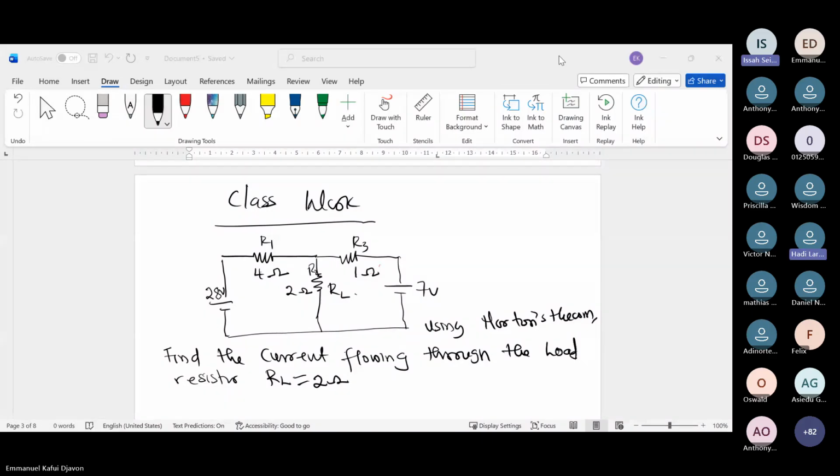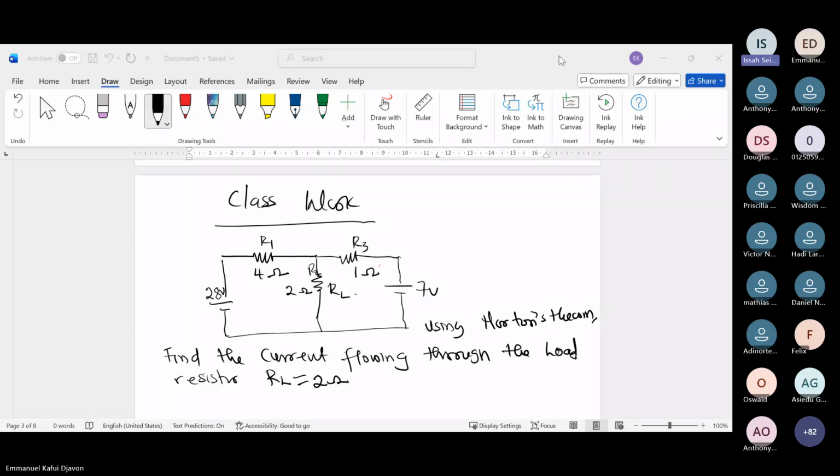Yeah, I got the same thing. And then the total resistor, when you redraw the circuit, I got 0.57 ohms. Then the voltage, I had 7.98 volts. And then the current flowing through the load resistor, I had 3.99 amps.